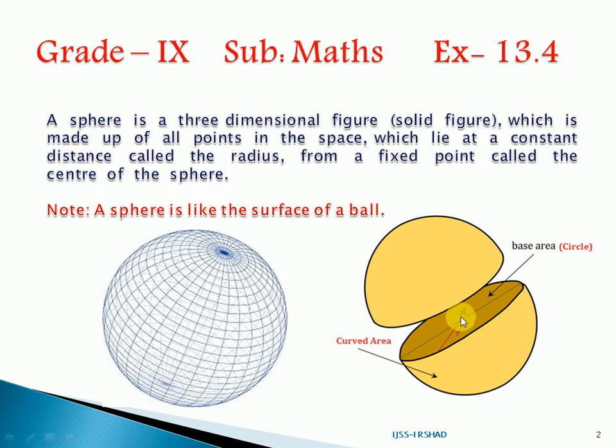You can see here in the diagram, here it is D and this is R. From here to here R, this is also R. So this is the center of the sphere.